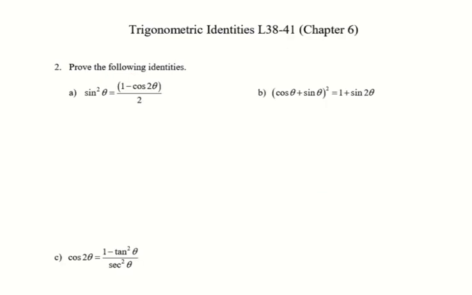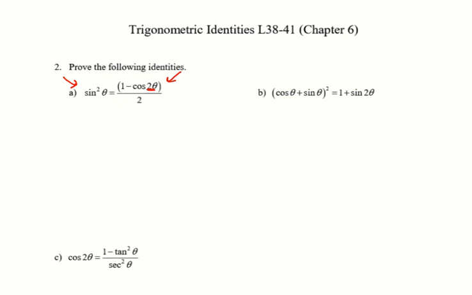Moving on. Prove the following identities. Remember, we probably want to take the more complicated side and work to the less complicated side. Right now I'm seeing cos 2 theta, and usually we want to change those into something else, to see if we can make it look like a sine squared theta somewhere.